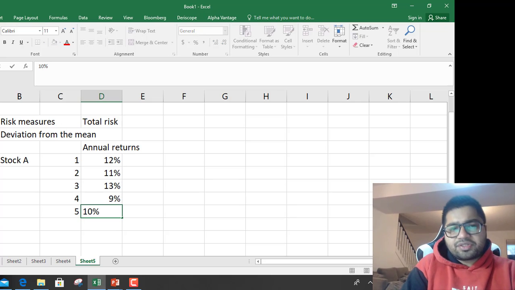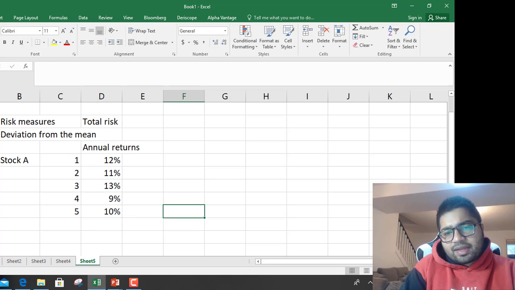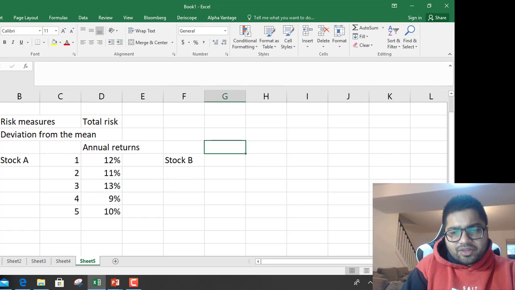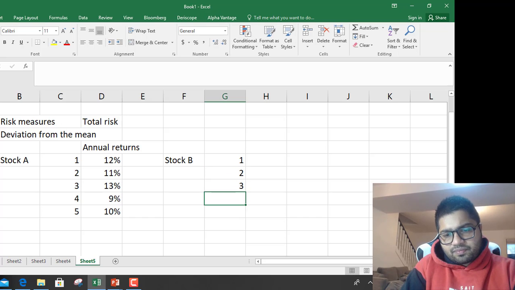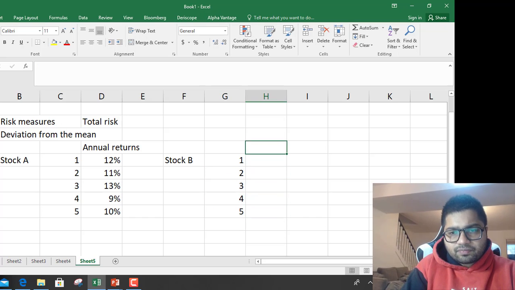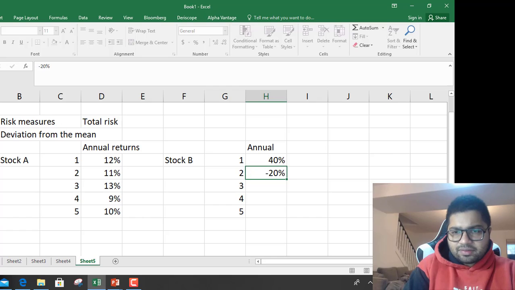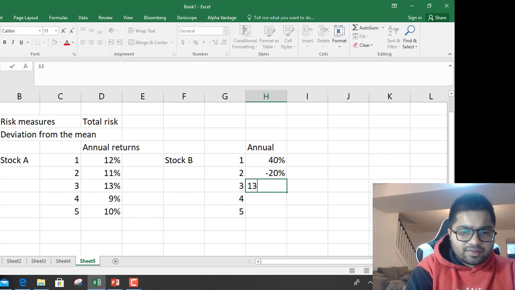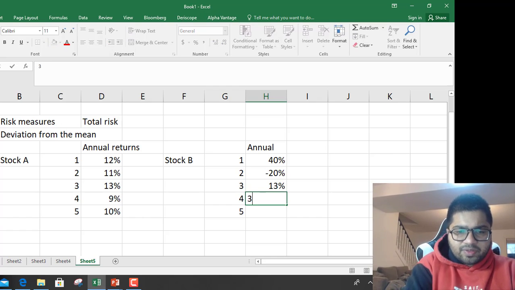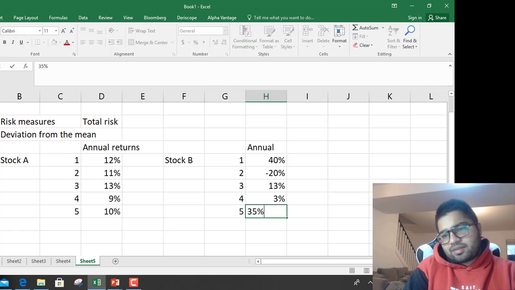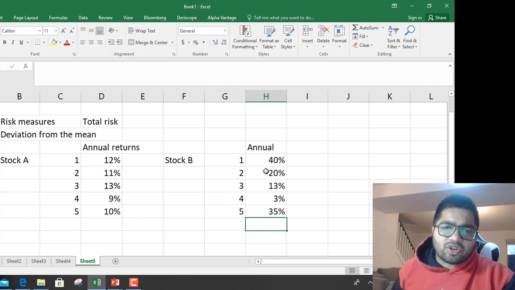These were the annual returns of stock A. Let's say stock B had these annual returns: 40%, minus 20%, 13%, 3%, and plus let's say 35%. These were the annual returns from stock B.